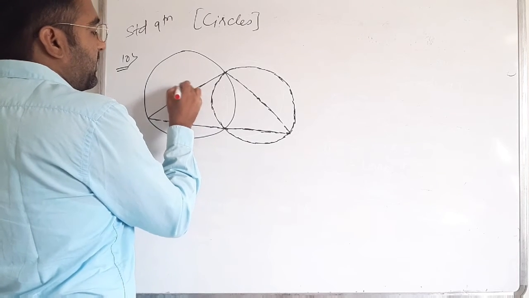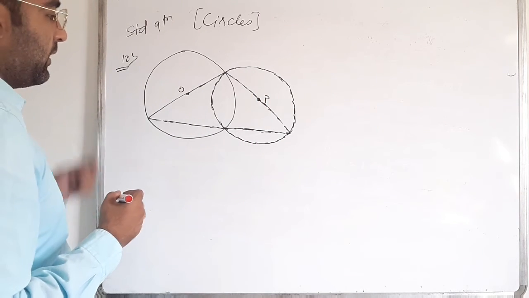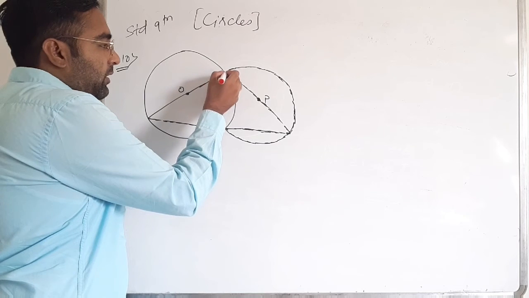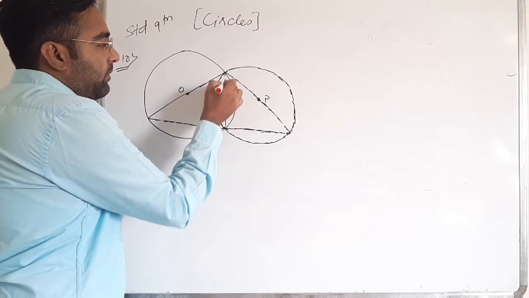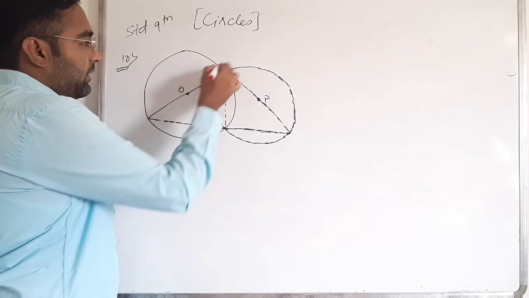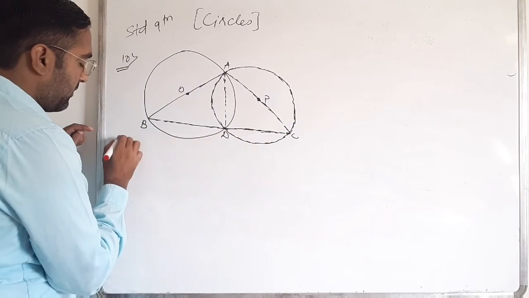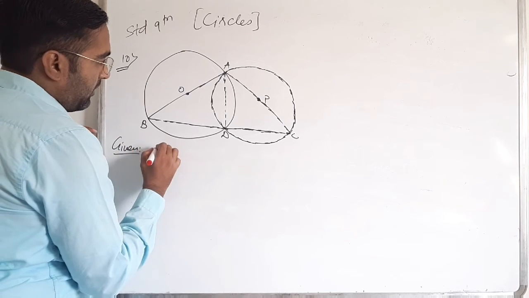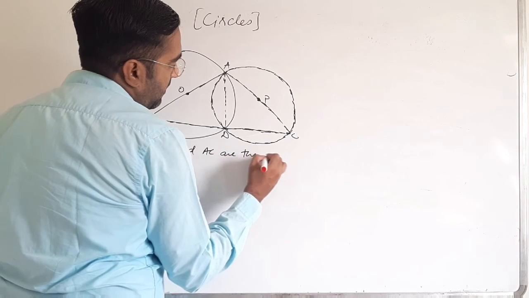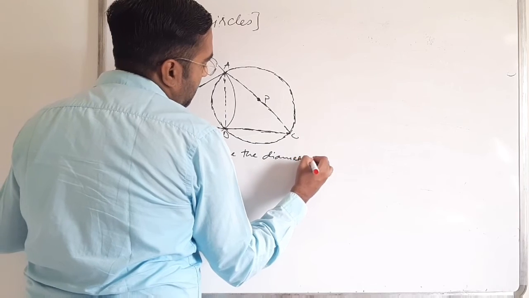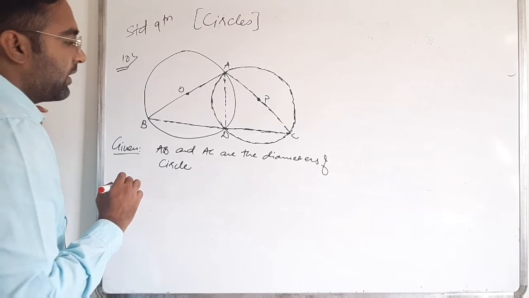Here my center is O, and here is the center of the other circle, that is P. Here we have to construct a line. Now here I'll give the names A, B, C, and here is D. As per the given, AB and AC are the diameters of the circles.